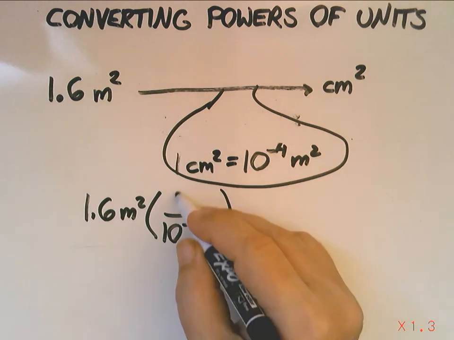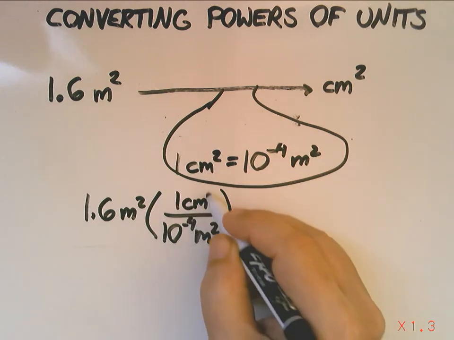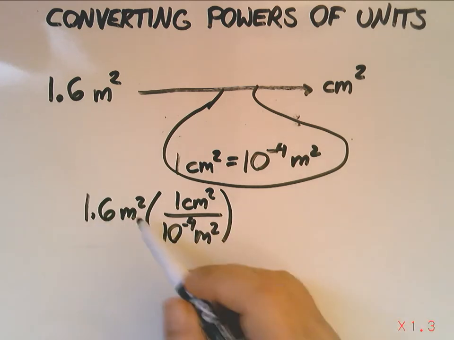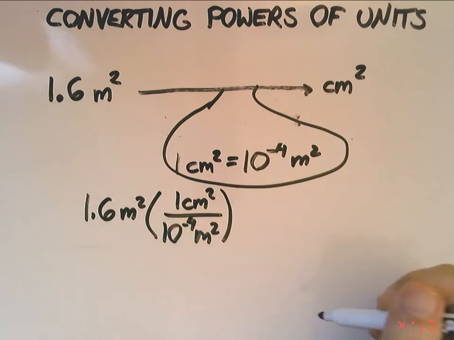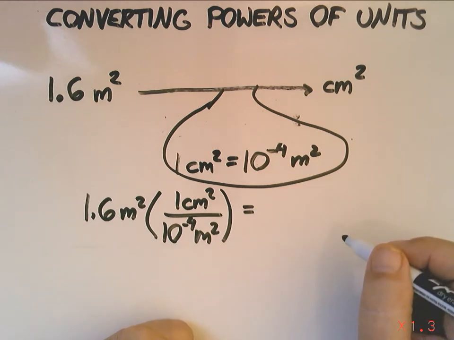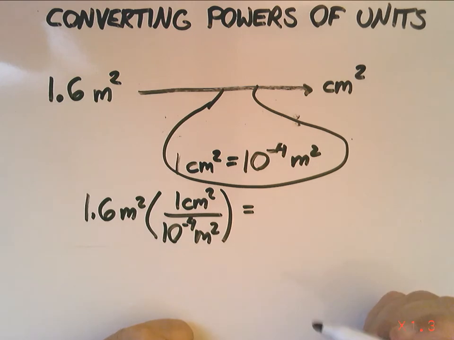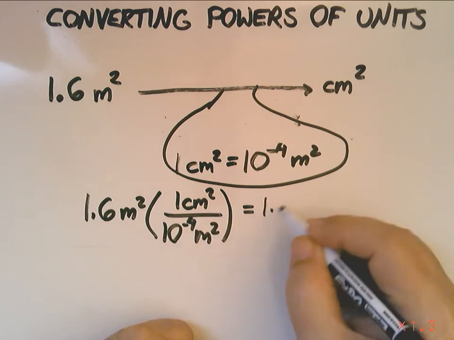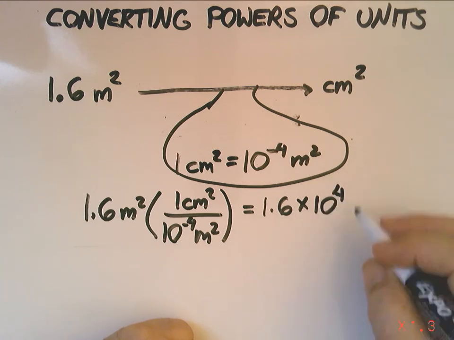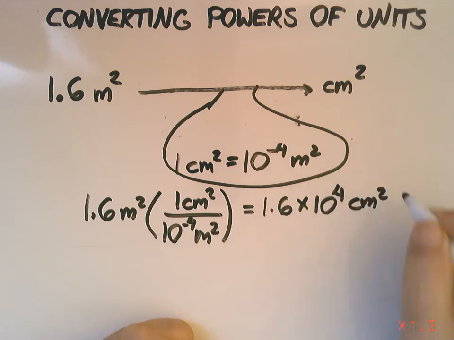And I've got 1 centimeter squared there. So it'll be 1.6 divided by 10 to the minus 4. What's that going to be? 1 over 10 to the minus 4 is going to be 10 to the 4, so I can do that in my head. And that would be my answer.